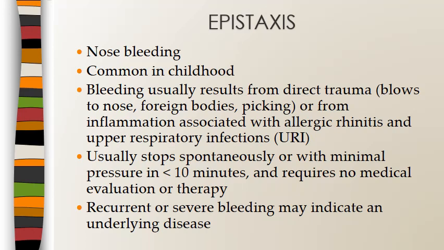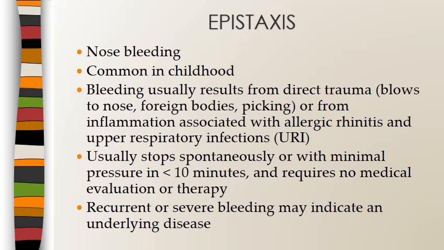Epistaxis is the medical term for nose bleeding. This is common in children. Nose bleeding in children usually results from direct trauma, which could be a blow to the nose, a foreign body, or the child picking their nose. Or it could be an inflammation associated with allergic rhinitis and an upper respiratory infection.